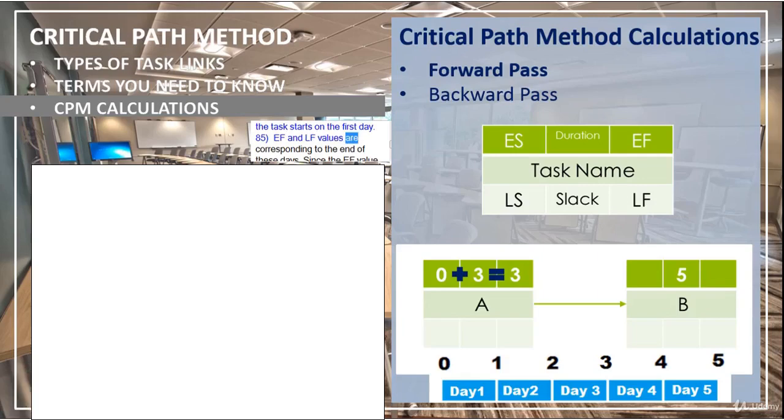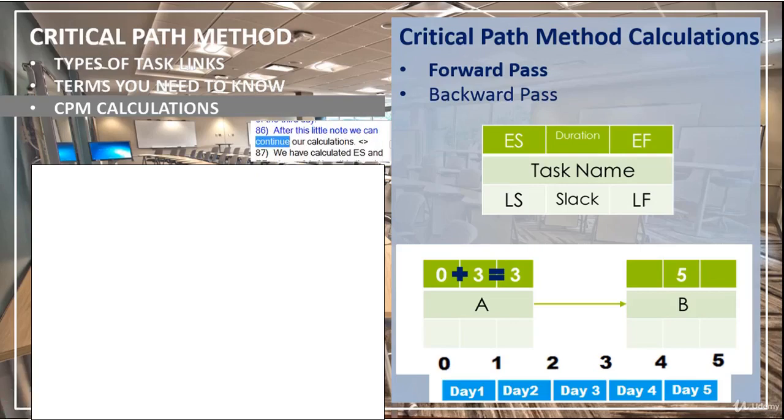EF and LF values correspond to the end of these days. Since the EF value of task A is 3, this will represent the end of the third day. Therefore, the earliest starting day of task A is the beginning of the first day and the earliest ending day of task A is the end of the third day.